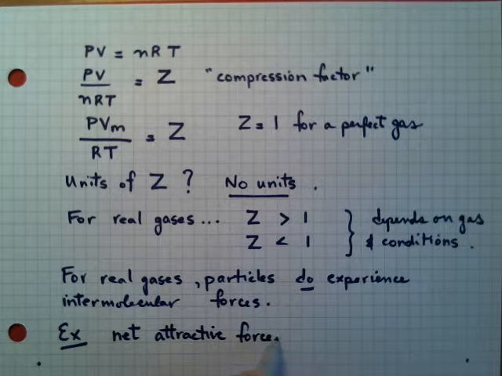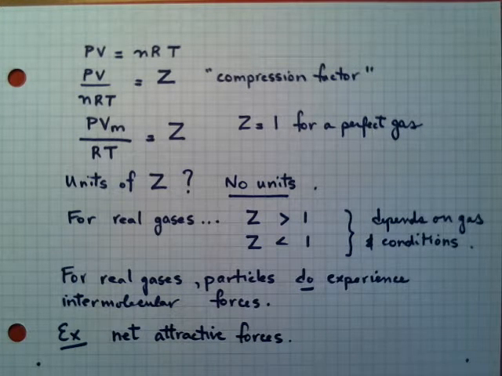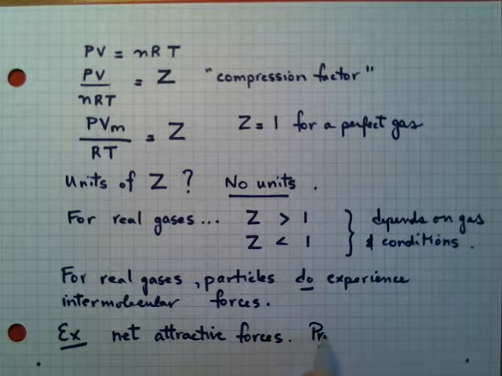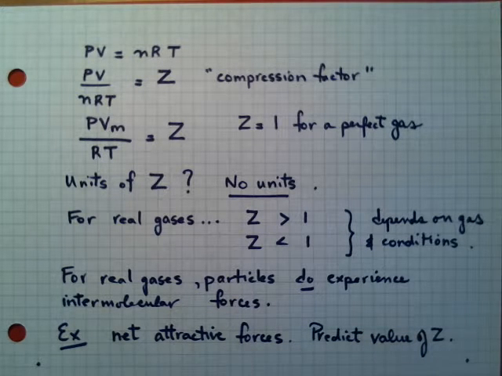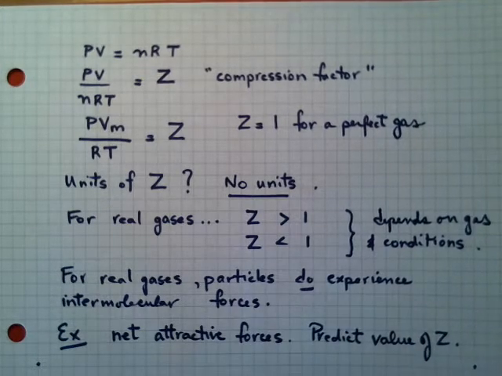Net attractive forces going on. I want you to predict the value, at least the direction, of Z. So what would it be? Is it going to be greater than 1, less than 1? The gas has net attractive forces. So let's think about that. Let me turn the page.